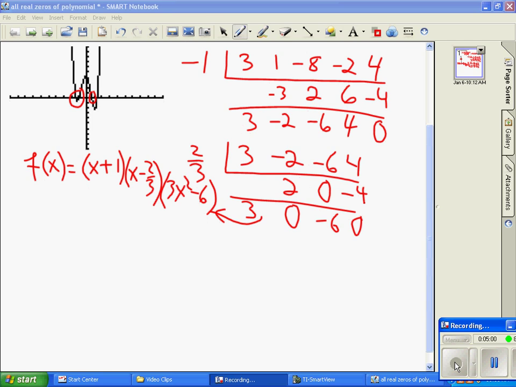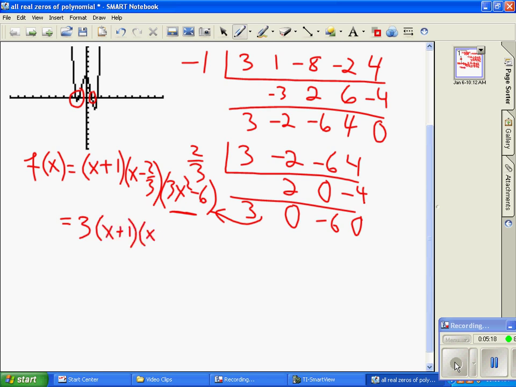It's not necessary. It technically would cancel itself out if you are just looking for the zeros, which we are, but I'm just going to write this also in factored form so you can see what that would look like. So we have 3, x plus 1, x minus 2/3, and x squared minus 2.